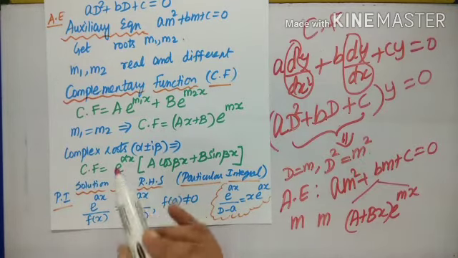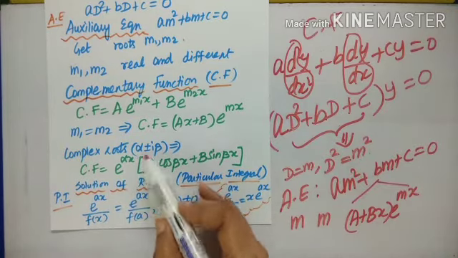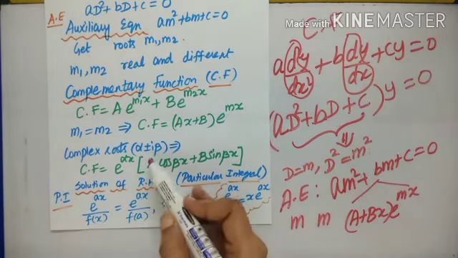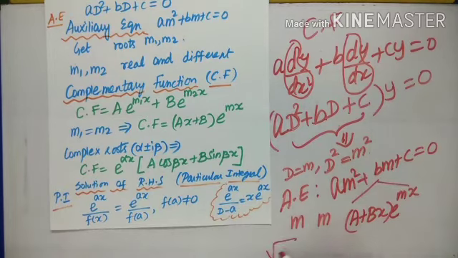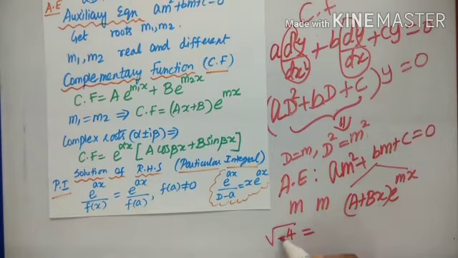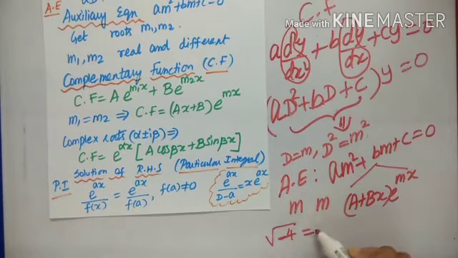Next I have the roots may be alpha plus or minus i beta. That is imaginary. Inside the root I get negative number. Suppose I have root of minus 4. Whenever minus is inside the root, we write i, and square root of 4 is 2.